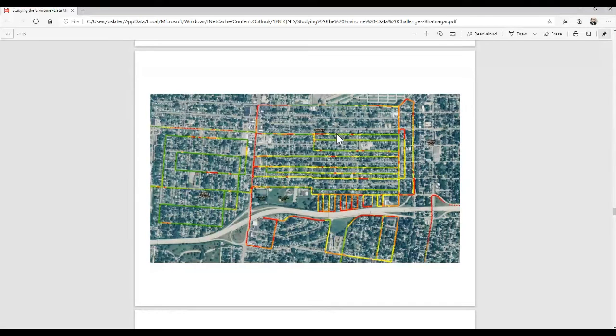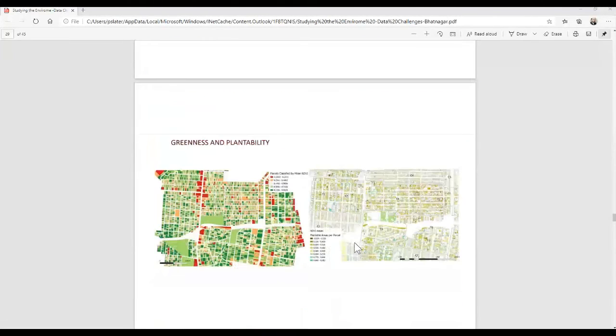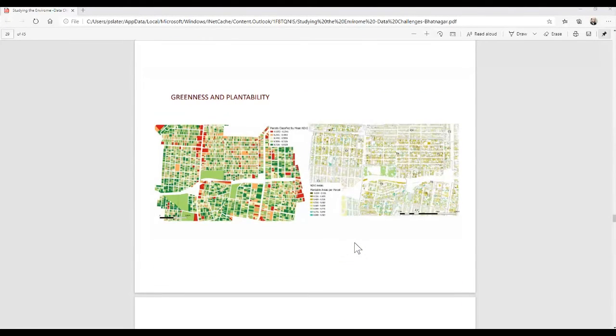This is an example of our attempt to understand the spread of air pollution in the area, and we have mobile air monitoring that goes around this area. You can see that the places where it's red are the places with higher levels of air pollution, versus where it's green or yellow, the lower levels of air pollution.